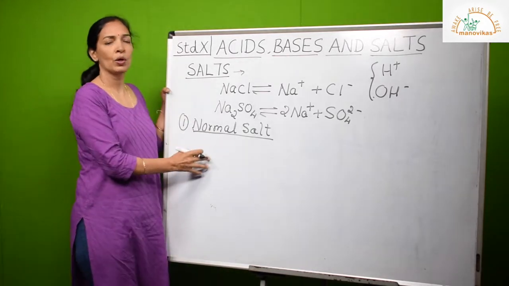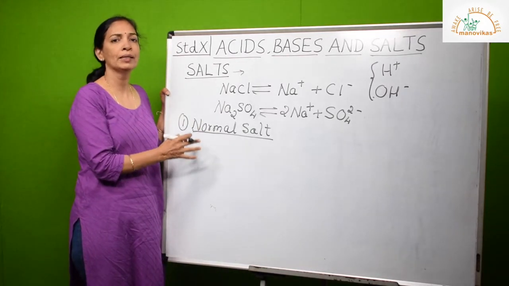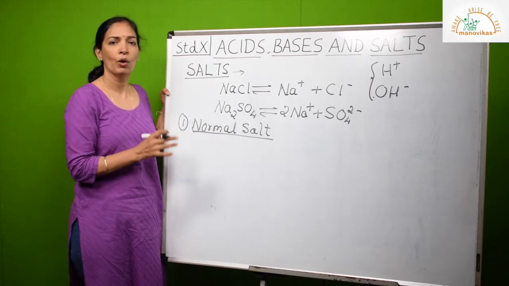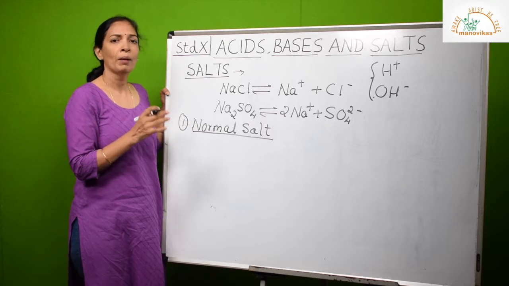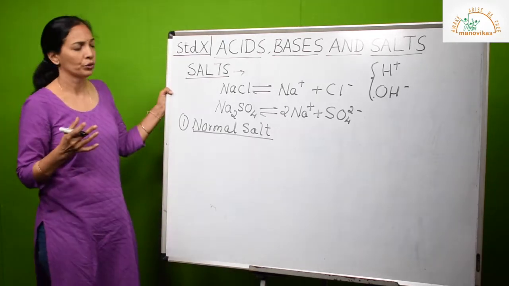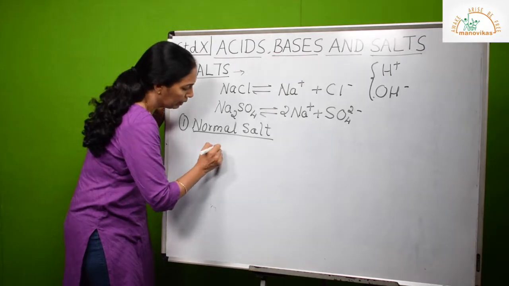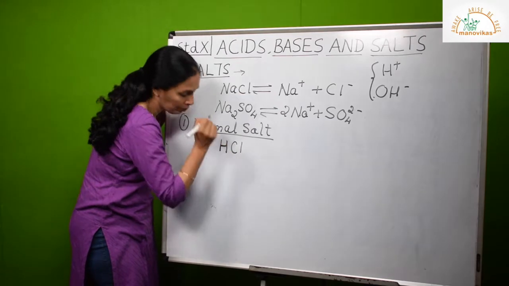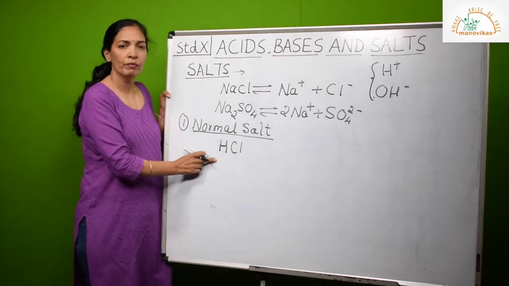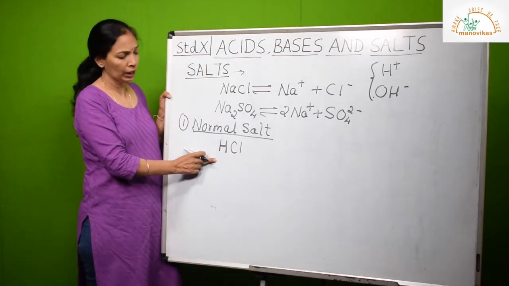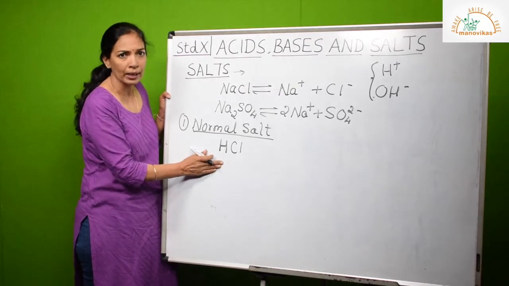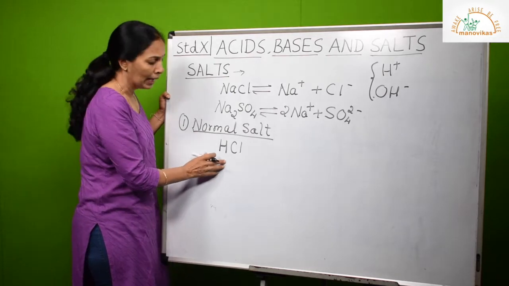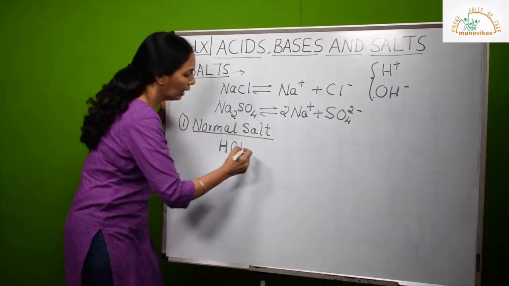A normal salt is formed by complete replacement of replaceable hydrogen ions of an acid by a basic radical or a positive ion. For example, in the HCl molecule, there is only one replaceable hydrogen ion. If this ion is replaced with the help of a positive ion or a basic radical, then the salt which we get will be a normal salt.